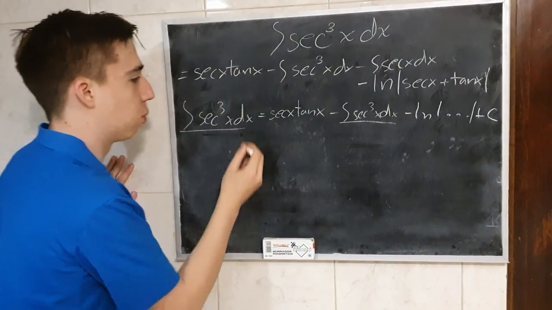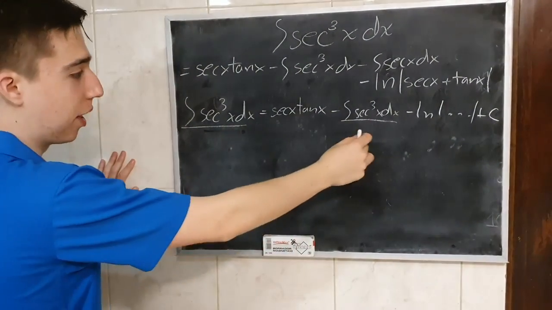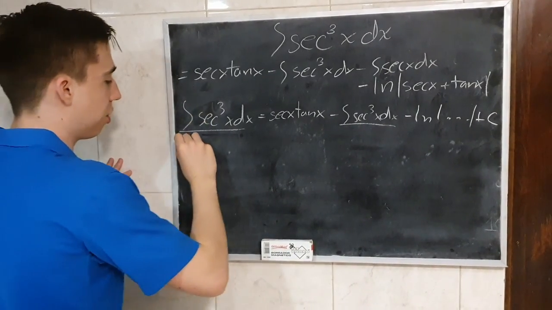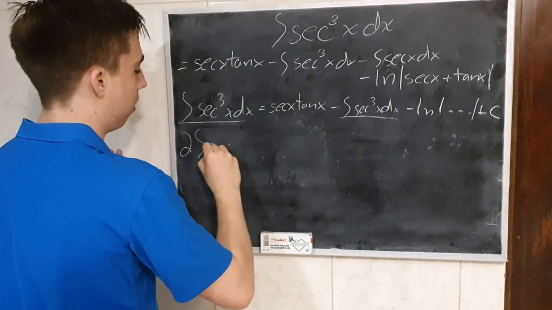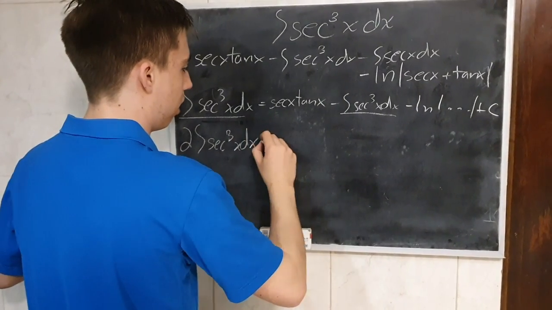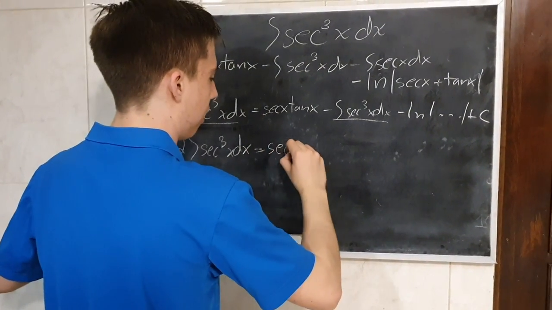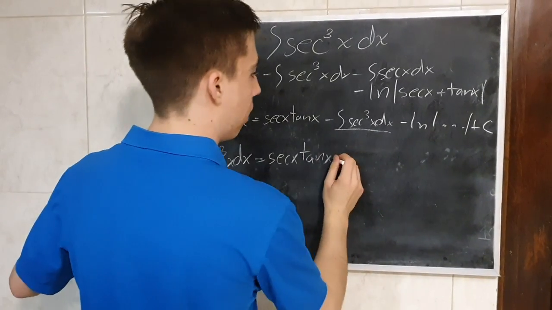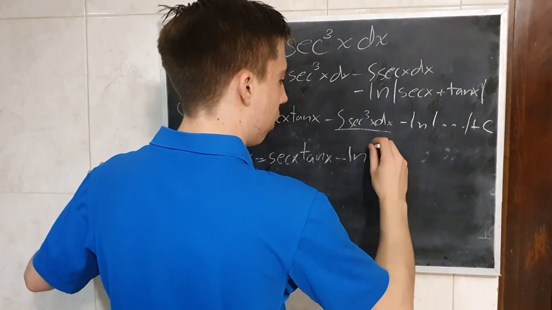Okay. And if you notice, this one is the same as this one. So we're gonna use that to our advantage. We're gonna pass this whole thing to this side, and it's gonna change it to 2 secant cubed x dx, and this is equal to the answer.